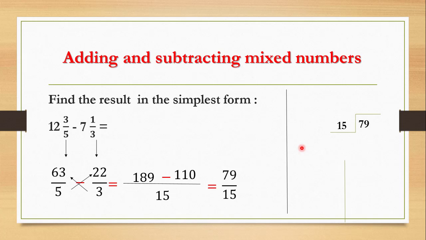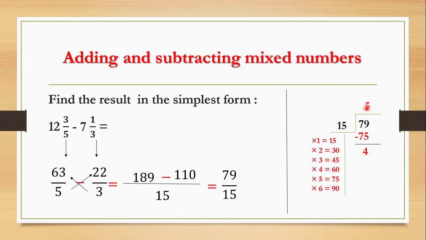79 divided by 15. Times table of the divisor, 15. For 79, the nearest number is 75. So I write 5, and the result will be 75. Subtract: 79 minus 75 is 4. So this is the remainder, and it will be the numerator.